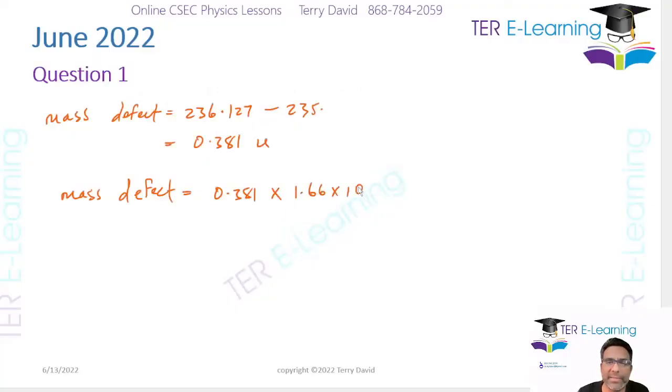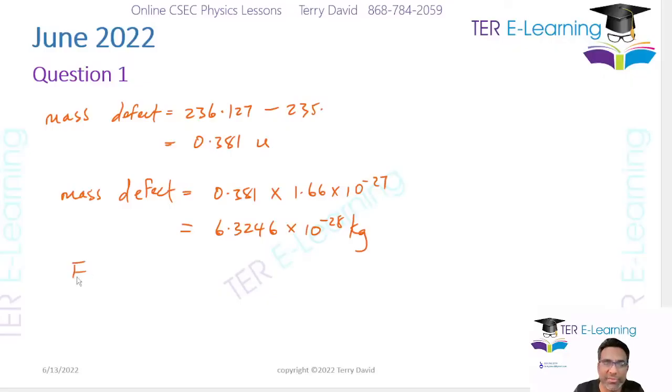And that's converted to kilograms. And I'm getting 6.3246 by 10 to the minus 28 kilograms.